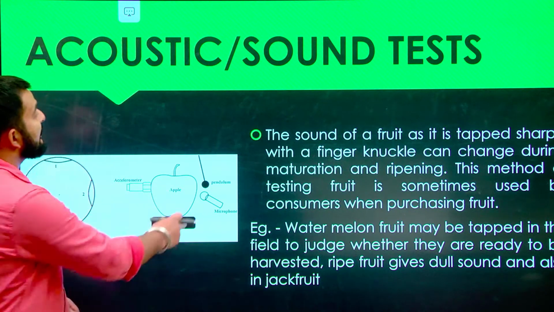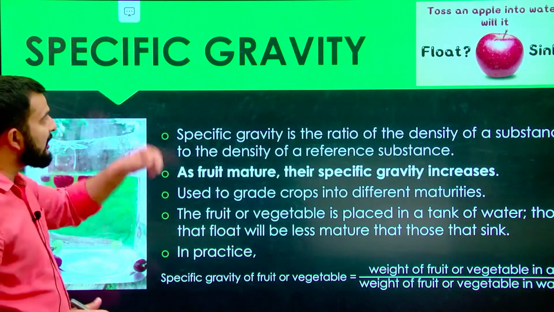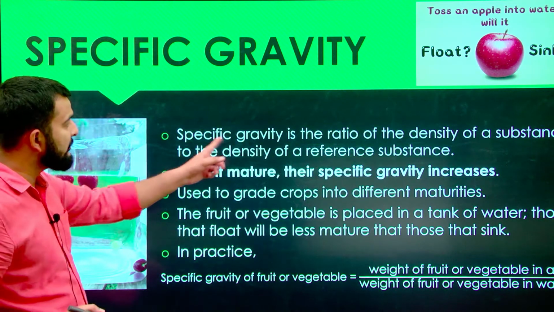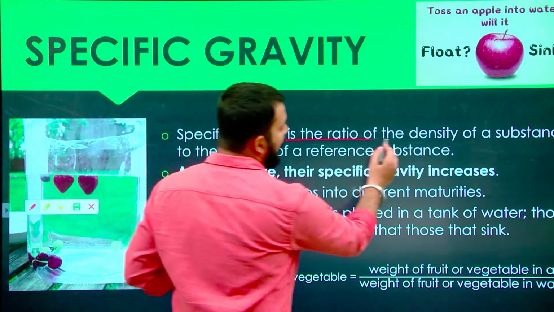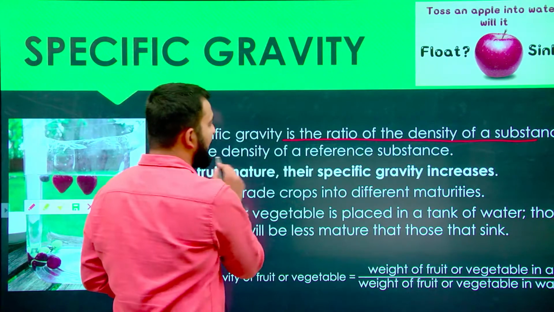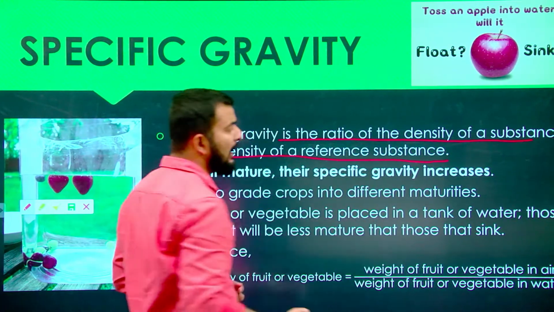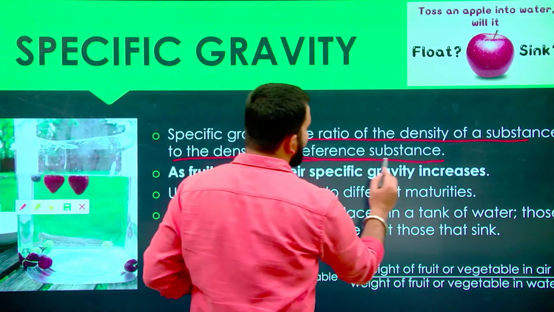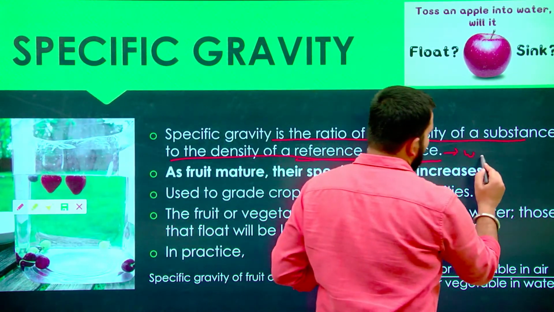So next, after the sound test, we will see about specific gravity. Now specific gravity is the ratio of the density of a substance to the density of the reference substance. In general cases, this reference substance we take as water. Okay.